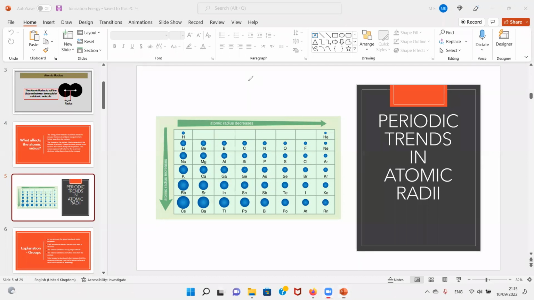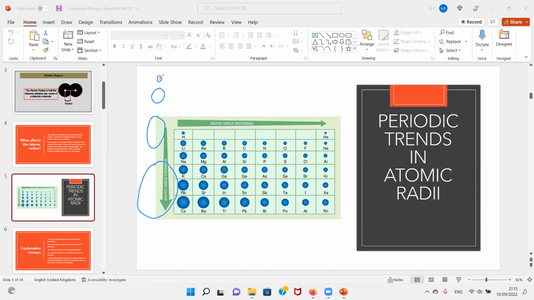Here you have maybe 3 electrons, and then you add more shells to fit in the extra electrons of the next element, and then you add more shells to add more electrons, and here you add more shells to add the extra electrons.